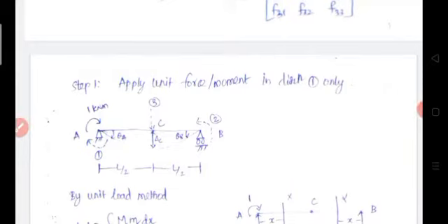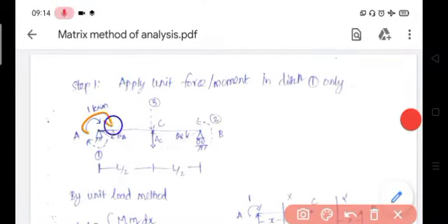That is this one. Then determine the displacement in the 3 coordinate directions: coordinate 1, coordinate 2 and coordinate 3. Coordinates 1 and 2 are moments, so we have to determine the rotation.